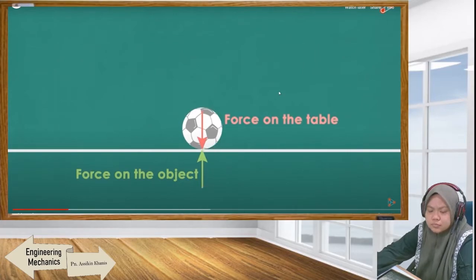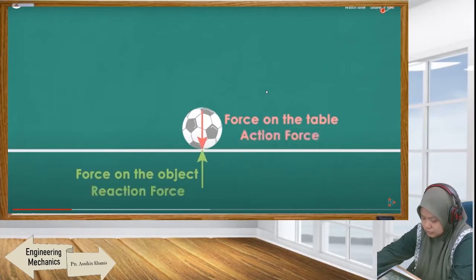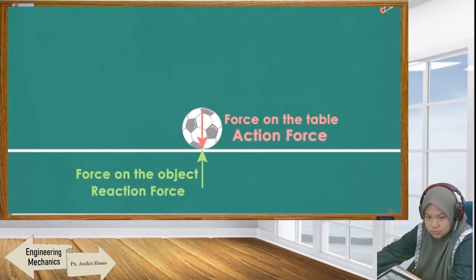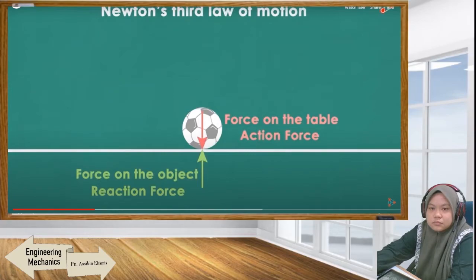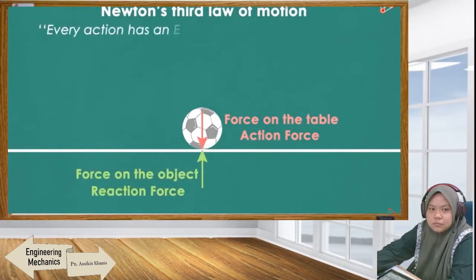These forces are called as action and reaction forces. The force exerted by the object on the table was an action force, and the force exerted by the table on the object is the reaction force. What we saw here is nothing but a display of the Newton's third law of motion. Every action has an equal and opposite reaction. That's how simple the third law is.